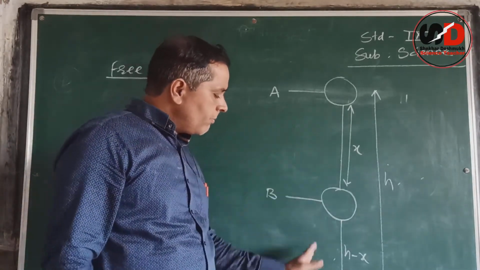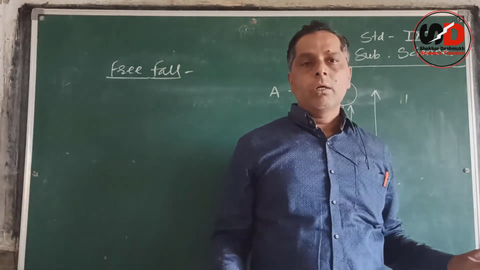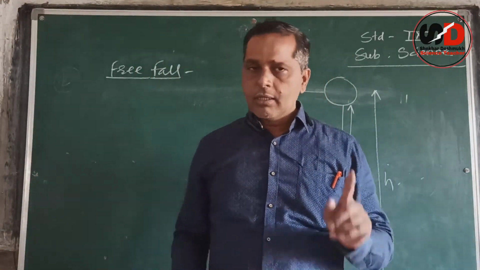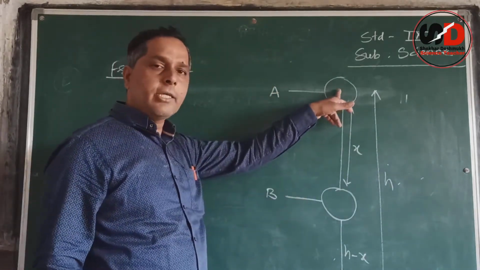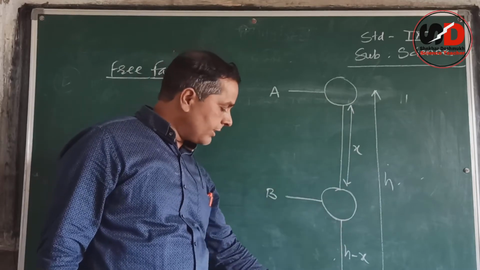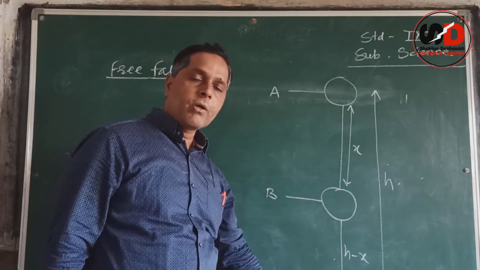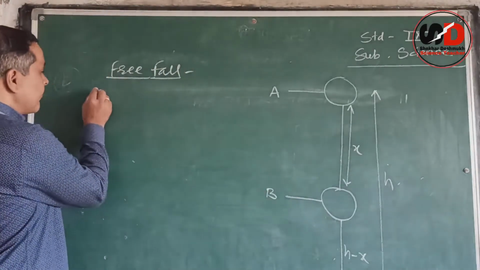So, by this much information, we can prove the law of conservation of energy. What we have to do? We have to calculate the total energy here at point A, the total energy at point B, and total energy at point C. What is meant by total energy here?